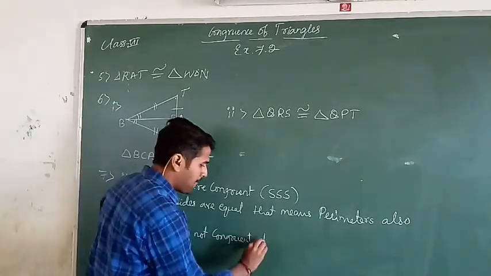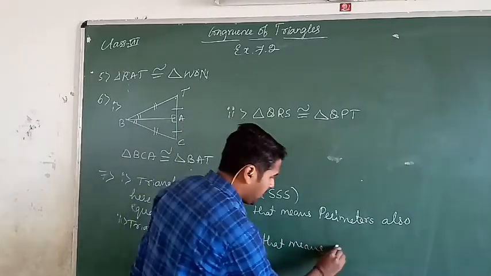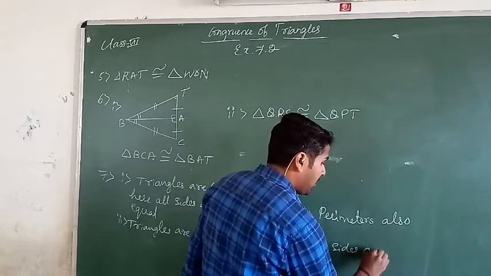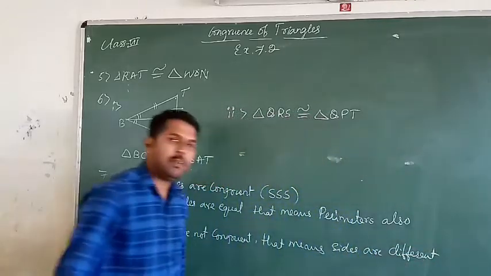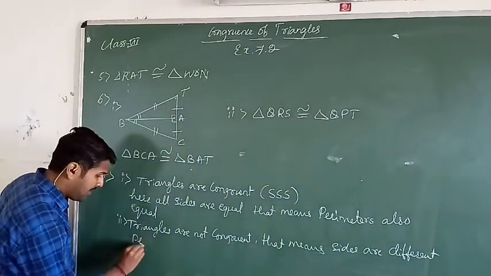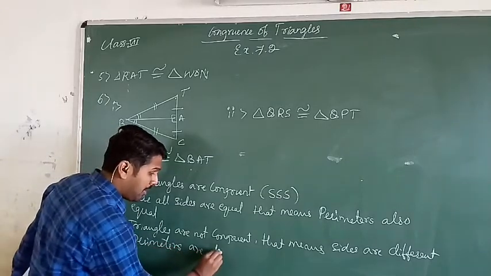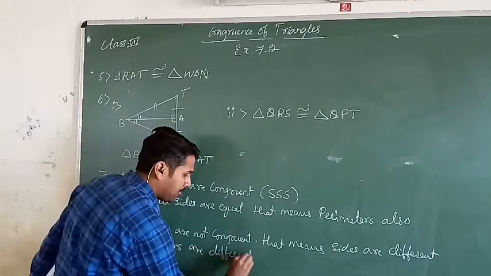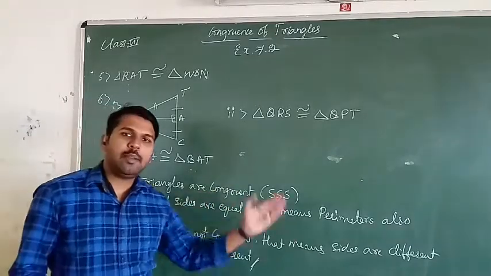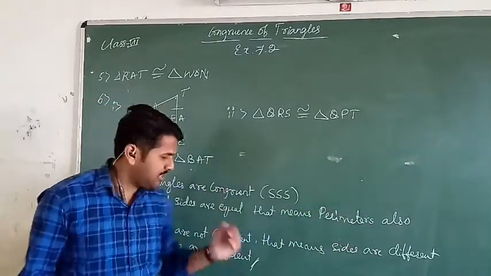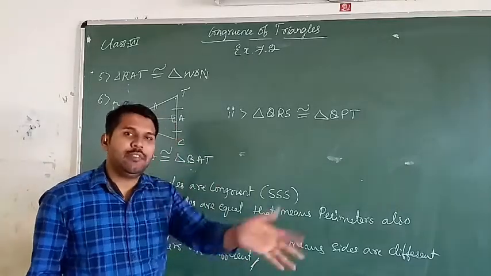That means sides are different. Sides are different means perimeters are different. If they are congruent, that means perimeters are also equal with equal areas. But in the second one, their areas may be equal, but perimeter is different.